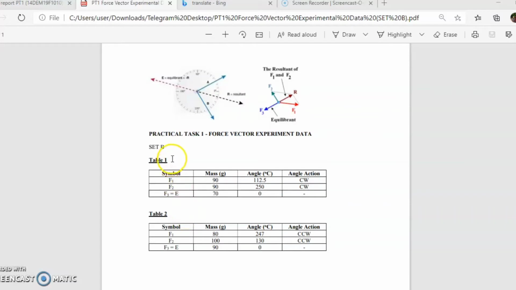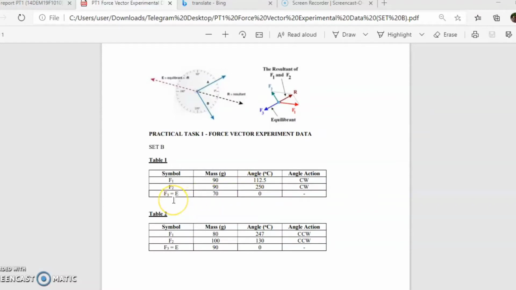For table 1, the F1 mass given is 90 gram and the angle is 112.5 degree. For F2, the mass is 90 gram and the angle is 250 degree.